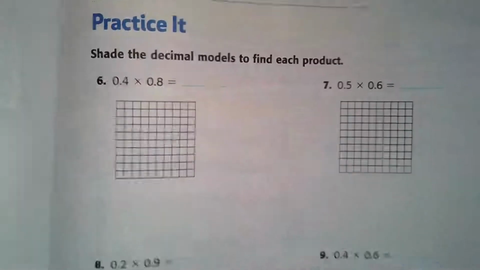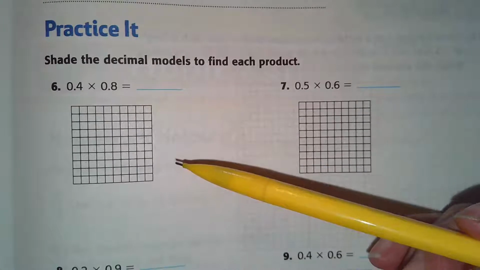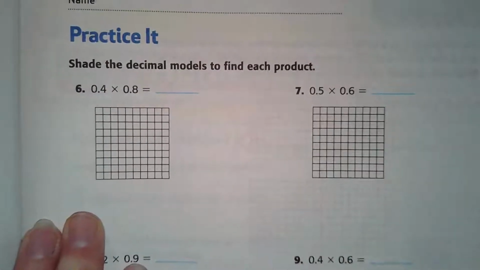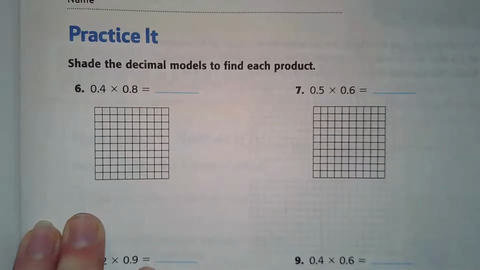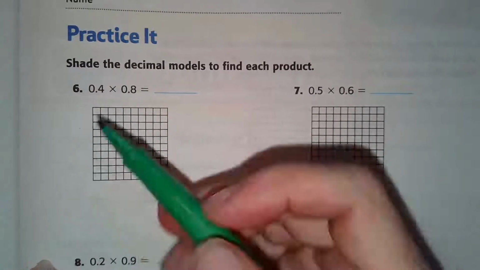We are going to do some more models. Your homework is going to be just to do the regular multiplication. I want to show you the models. So we're going to take 4/10 of 8/10.